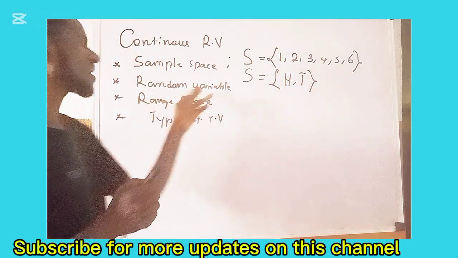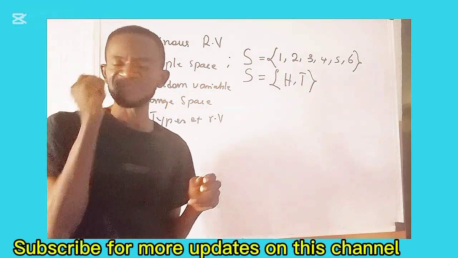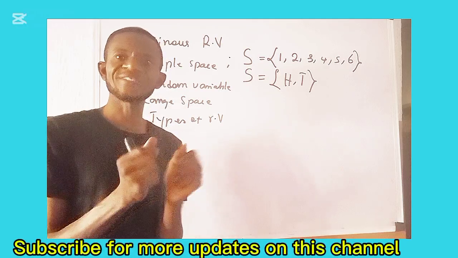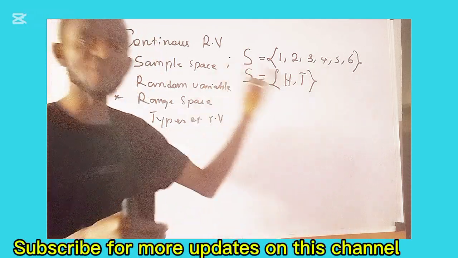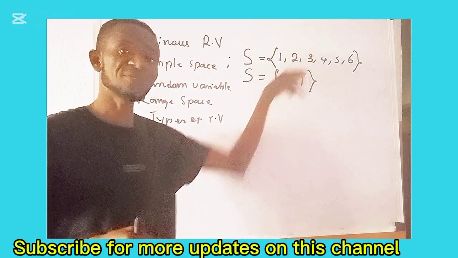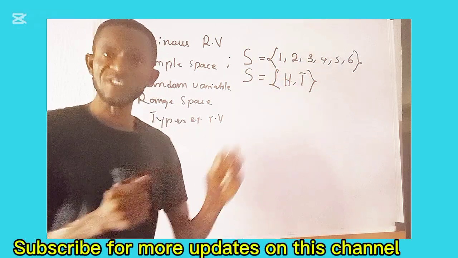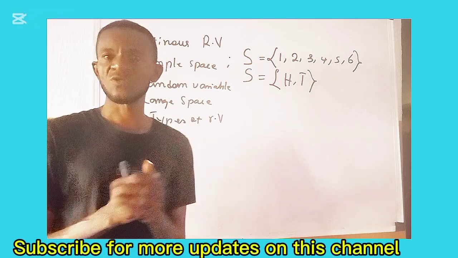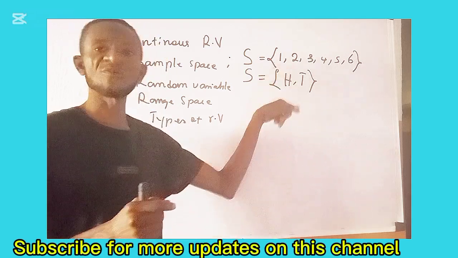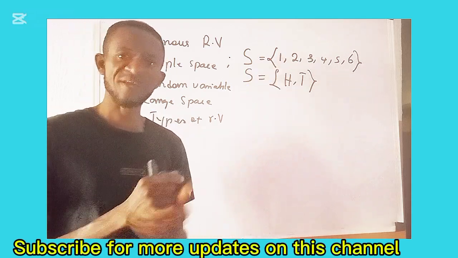What then becomes a random variable? A random variable is defined as a mathematical function that is defined on the sample space, which assigns numerical values or real values to all the outcomes of a random experiment.